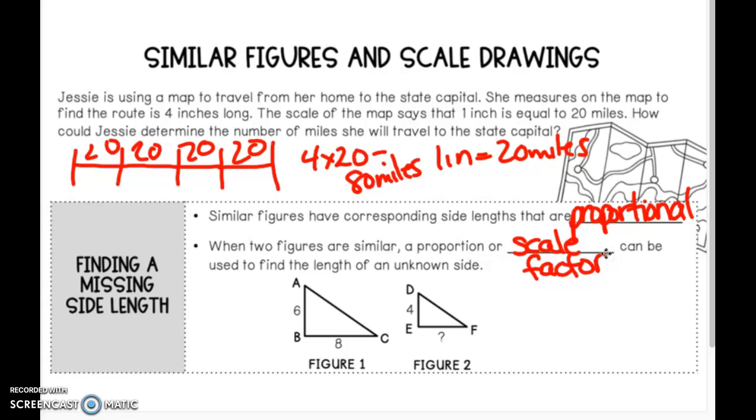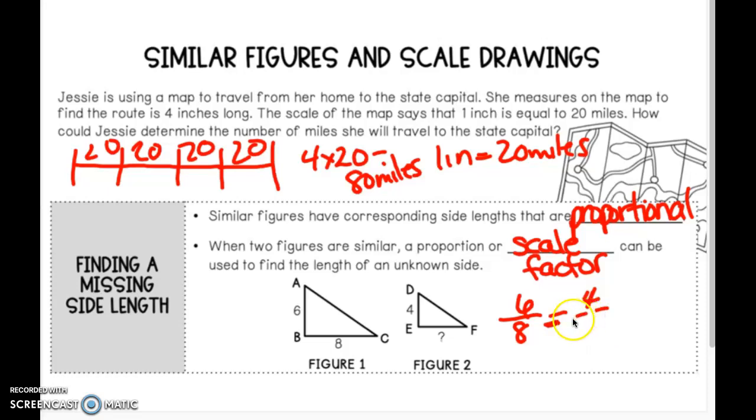So, for instance, we have 4 times something equals 6, or 6 divided by something equals 4, whichever way you want to go. So we need to do 6 over 8 is also going to be equal to 4 over something.